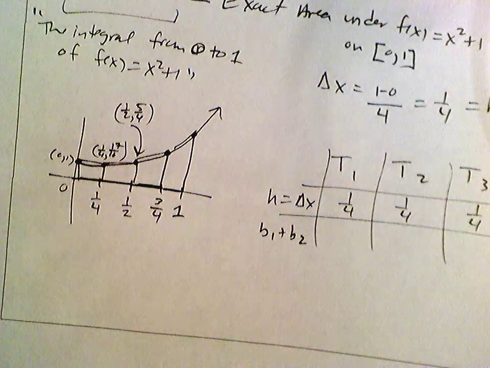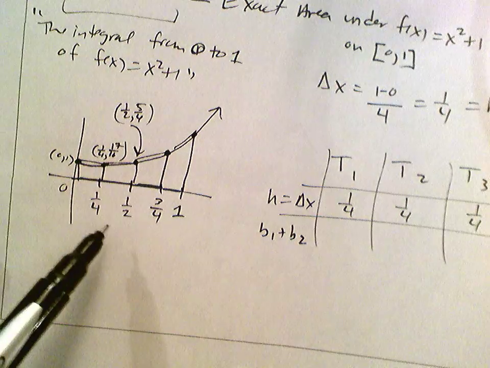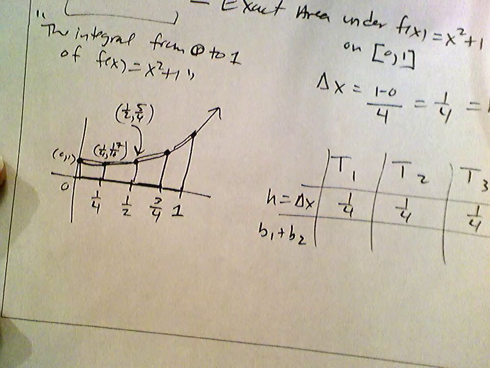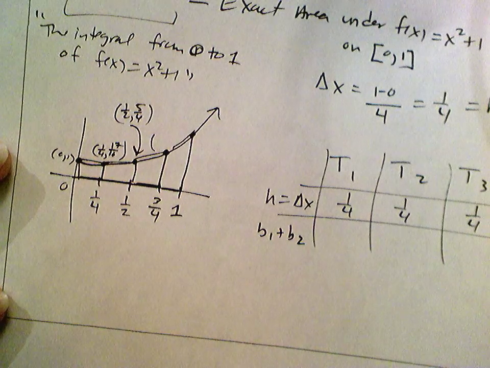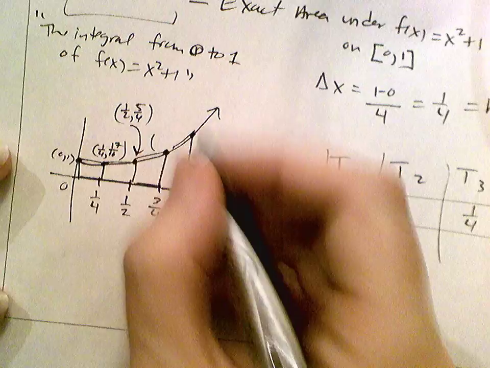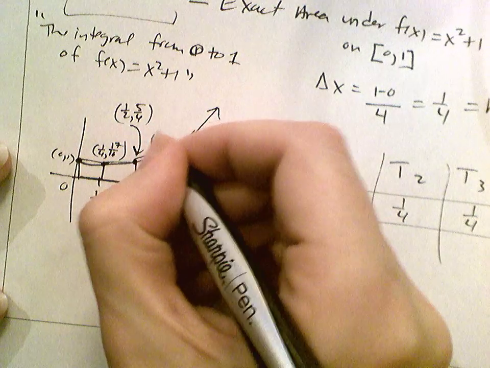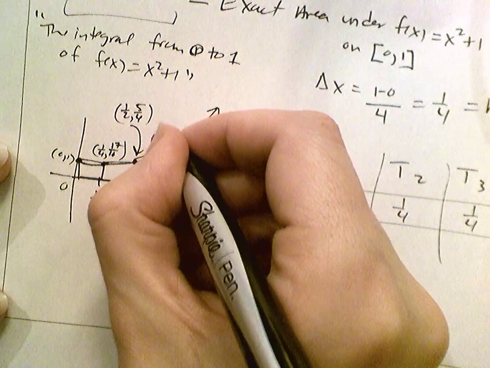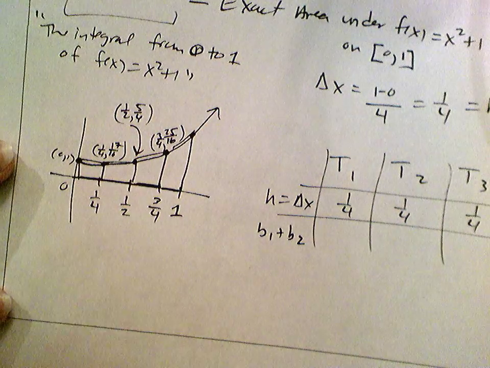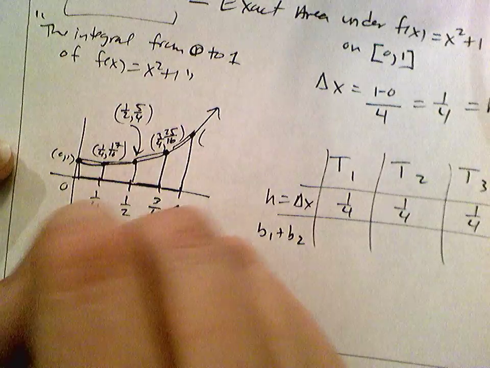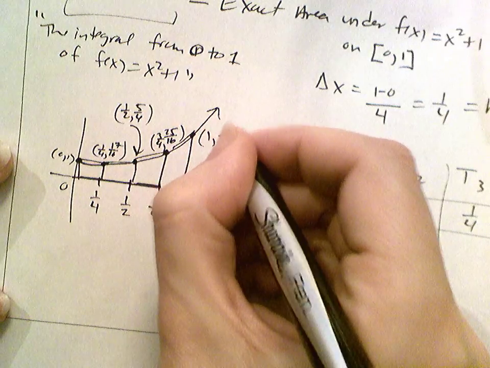And I hope you know this, but if you don't, I'm getting the y-coordinate by just plugging the x-coordinate into the function that we're finding the area under. And then this is 3/4, 25/16. That's that coordinate. And then this one here is 1, 2.